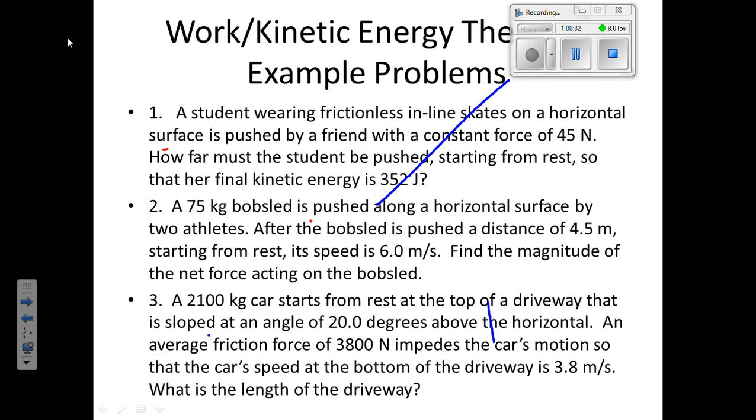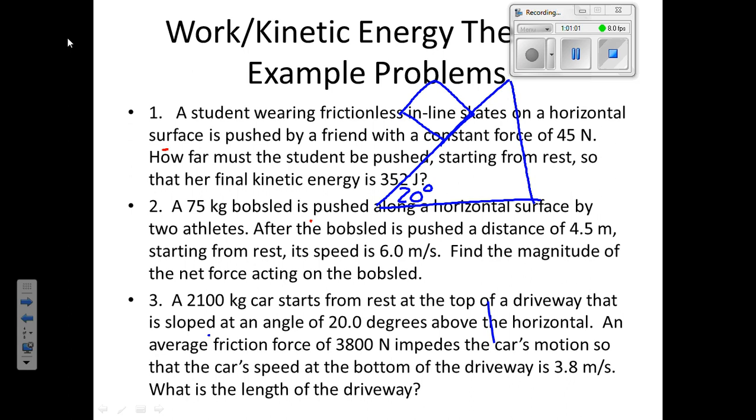Here's our driveway. That's going to be our car. It's an angle of 20 degrees, so this angle is 20. An average friction force of 3,800 newtons impedes the car's motion so that the car's speed at the bottom of the driveway is 3.8 meters per second. What's the length of the driveway?